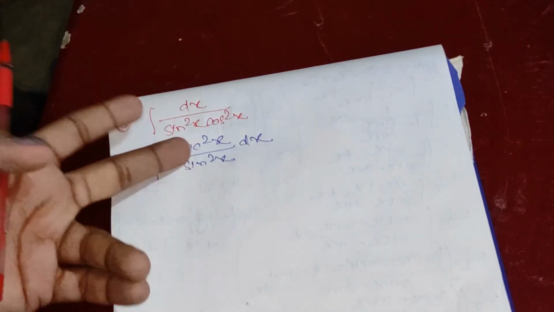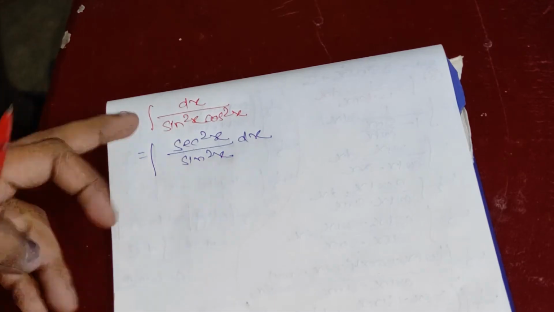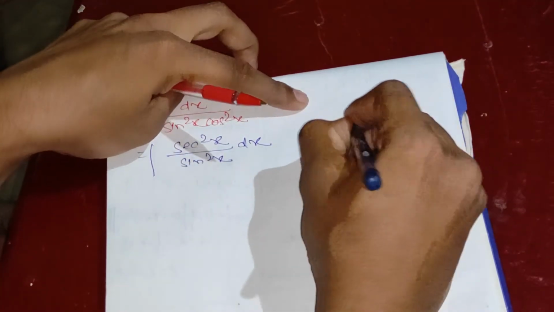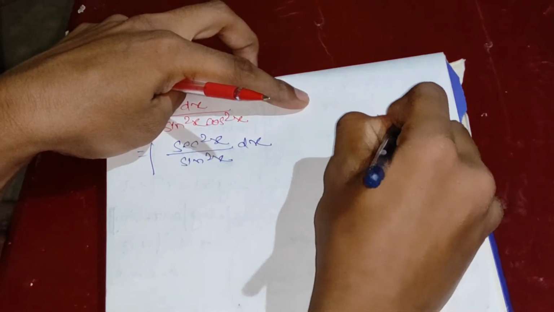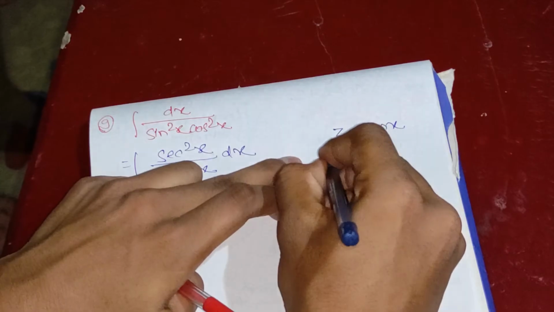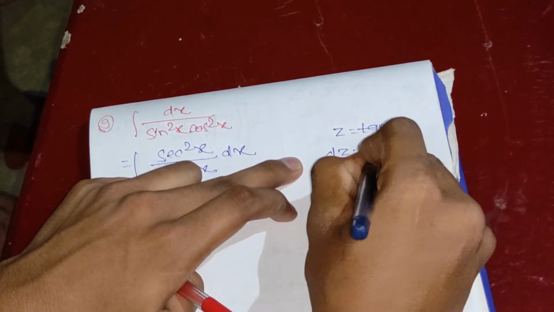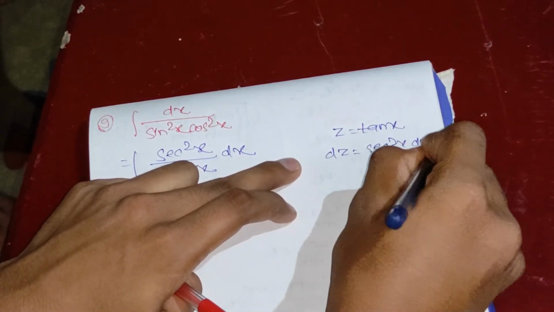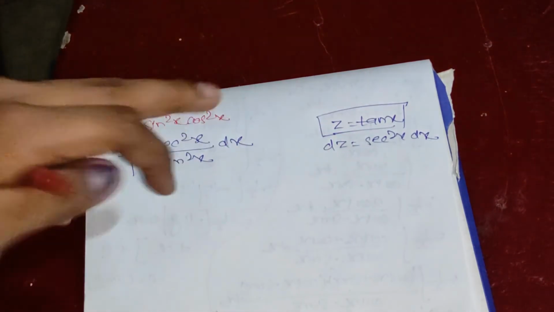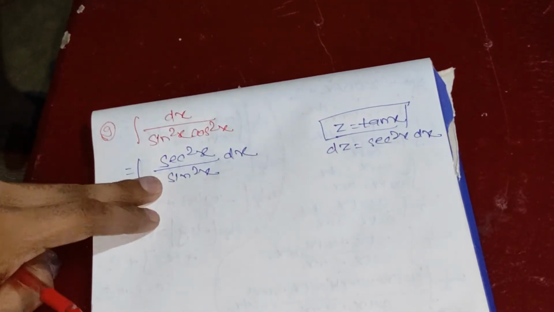Now in an expression, if you have sec x and the power of sec x is an even positive number, then we put tan x equal to z, as we have seen. So it becomes dz equal to sec square x dx. How we put this, I have explained in our second last video.